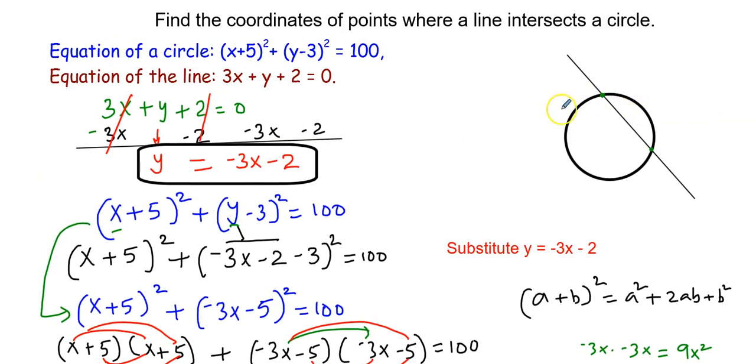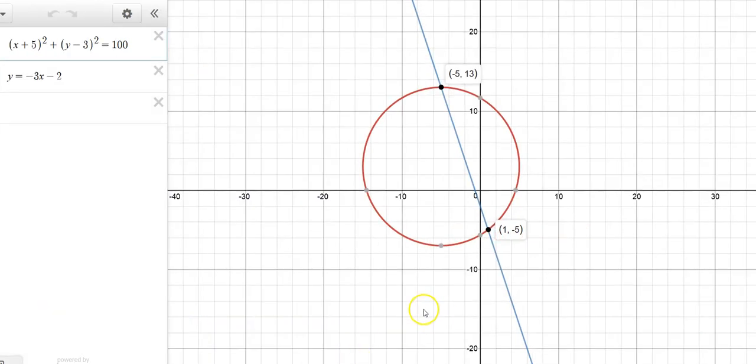Right? For this circle and a line, they are meeting at 2 points. Alright, so I have a slide here with the online graphing calculator. This is (x + 5) whole squared plus (y - 3) whole squared is equal to 100. Alright, this is the equation of the circle, through which you got a graph.